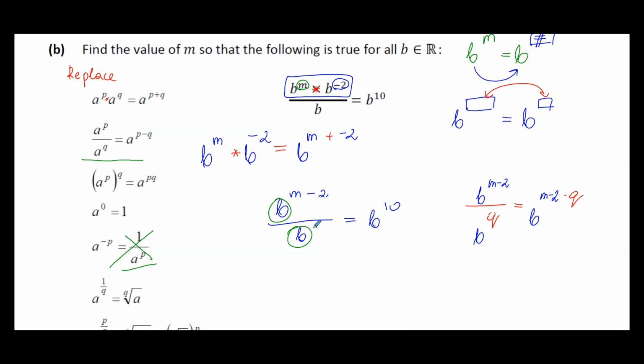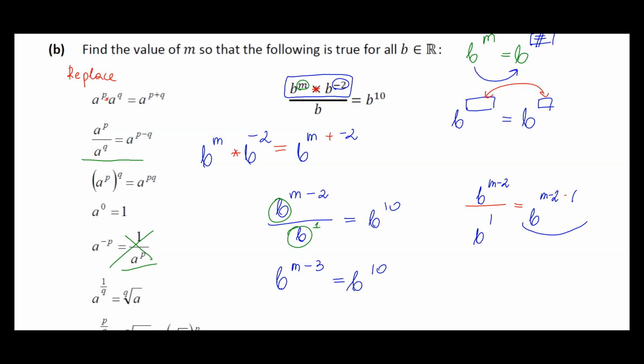I know it's not obvious, but that's what we have. So that means my q here changes to 1. So instead of having a fraction, now I can write b to the power of, not 10, my apologies, m minus 2 minus 1. So together that is minus 3, isn't it? So b to the power of m minus 3. And then on the other side, I'm not forgetting I have b to the power of 10.